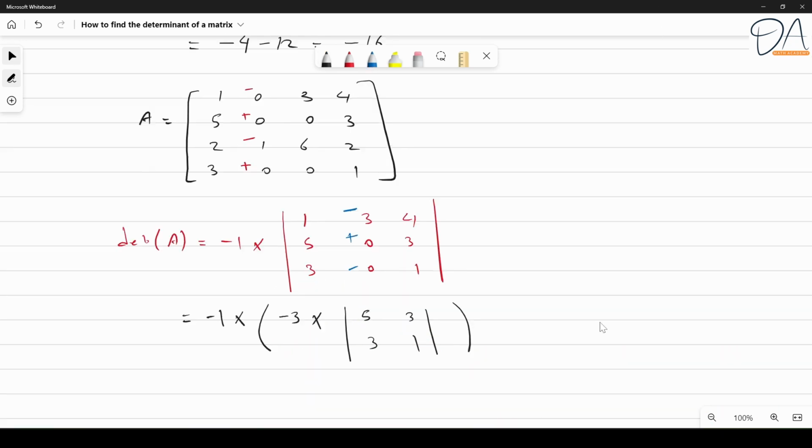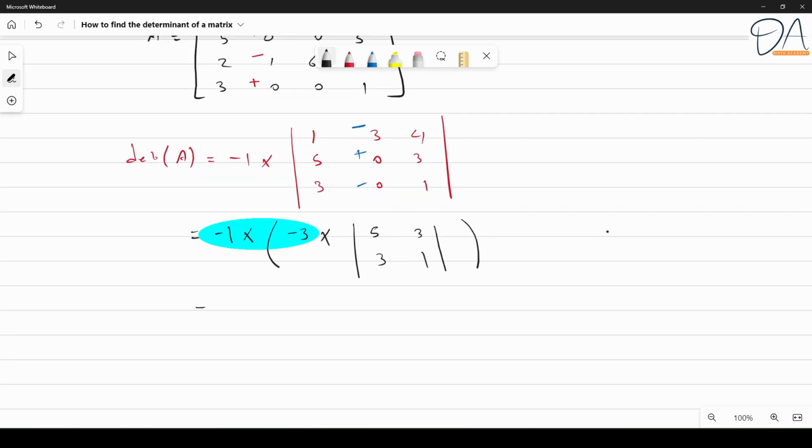So then you will get here minus 1 and minus 3, that gives us 3 times. Let's calculate the value of this determinant. So 5 times 1 gives us 5. 3 times 3 gives us 9. So we have 5 minus 9, which is minus 4. Minus 4 times 3 gives us minus 12. And this is the value for the determinant.